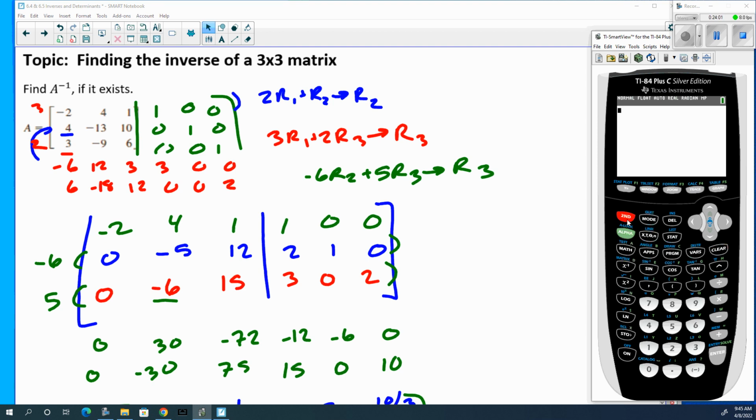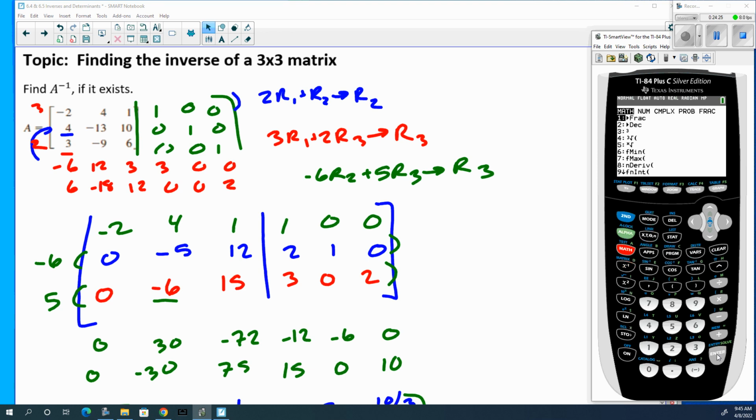So on mine, I hit second and then the X with the -1 because it says matrix. And then I'm going to select my matrix that I just edited. And then once you have your matrix there, you hit the button that says X to the -1. So find that on your calculator somewhere because that's the inverse button. And then I hit equals.